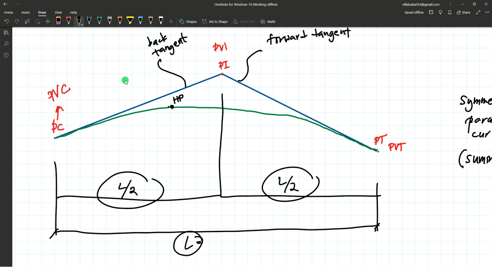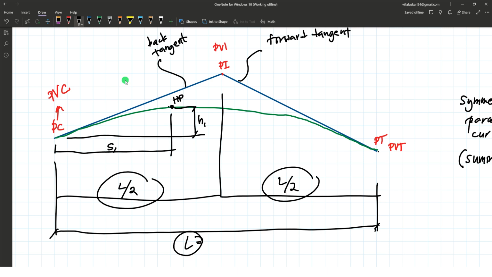So how do we determine the highest point on a summit curve? We can use a formula by identifying the difference in elevation from PC to the highest point, and that is H1, while the horizontal distance from PC to the highest point is S1.